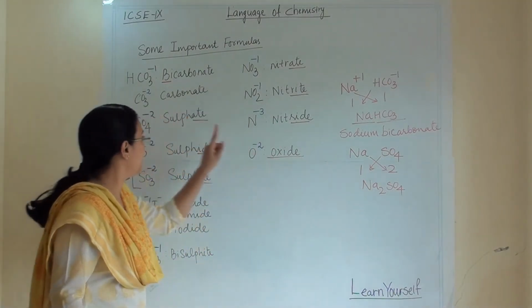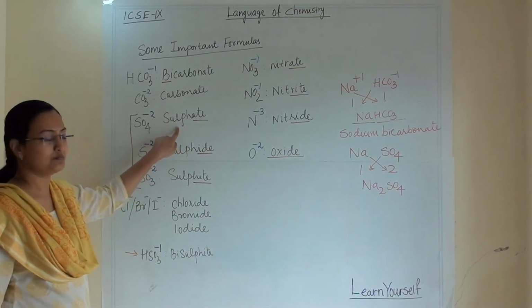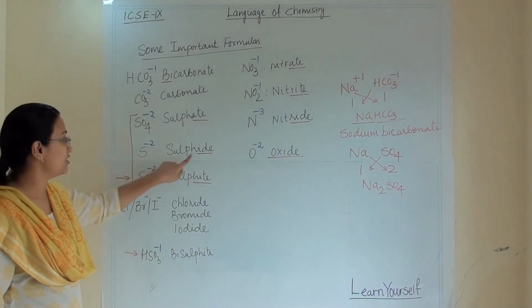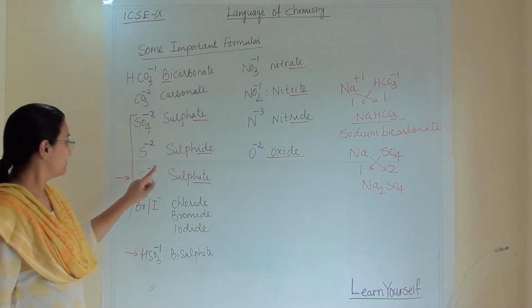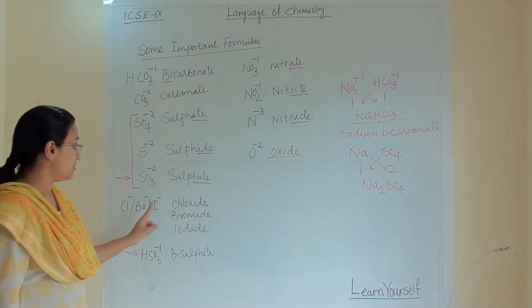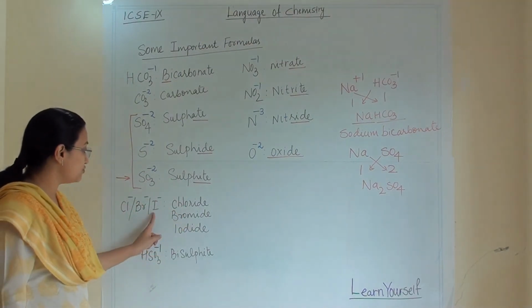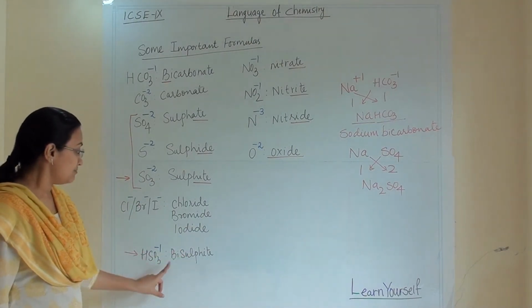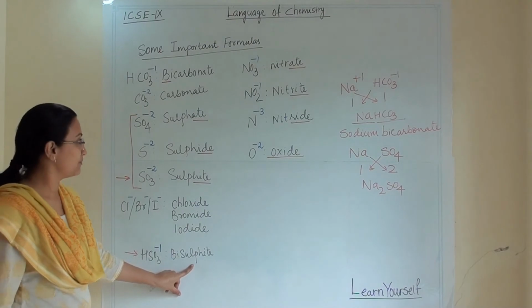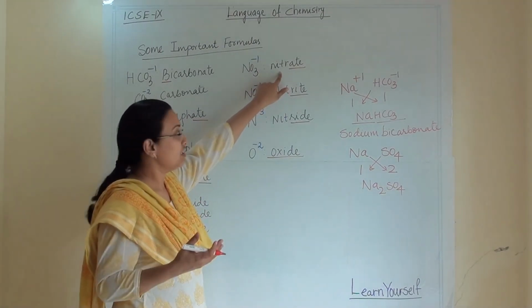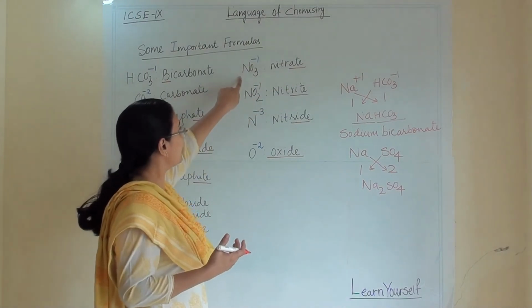Sodium sulfate. If it is NaS, then it will become sodium sulfide. Sodium sulfite. Sodium chloride, sodium bromide, sodium iodide. Then sodium bisulfite.